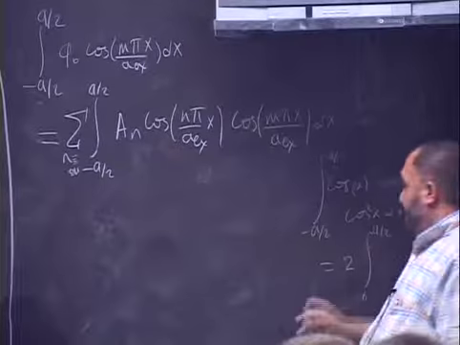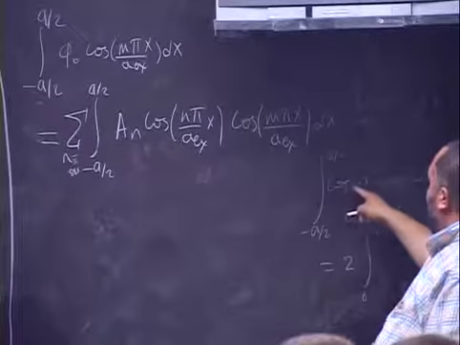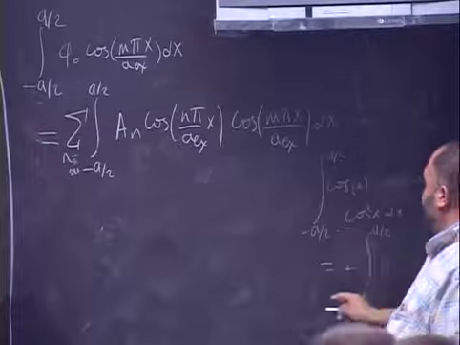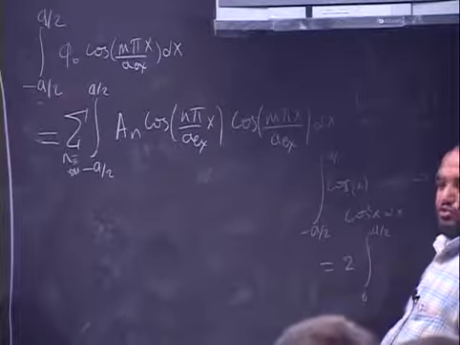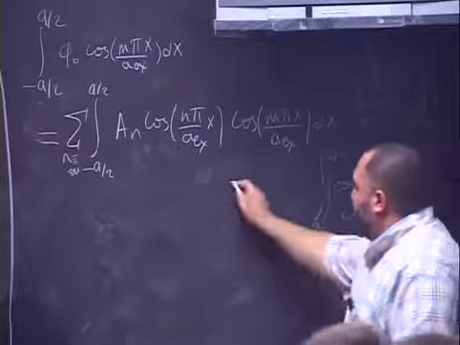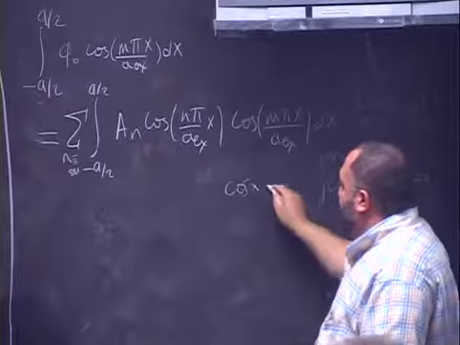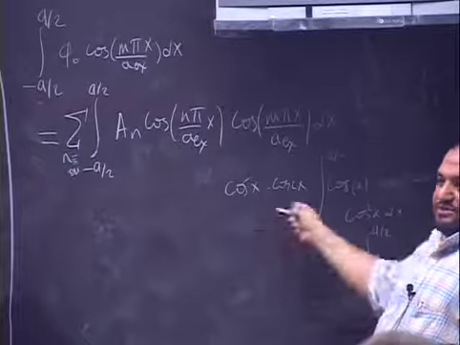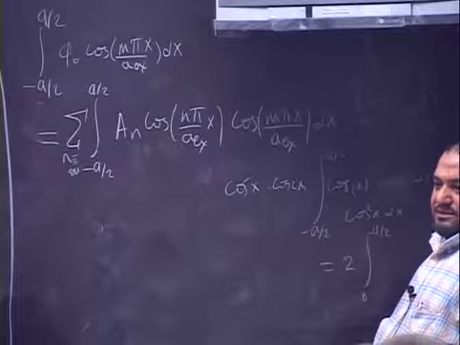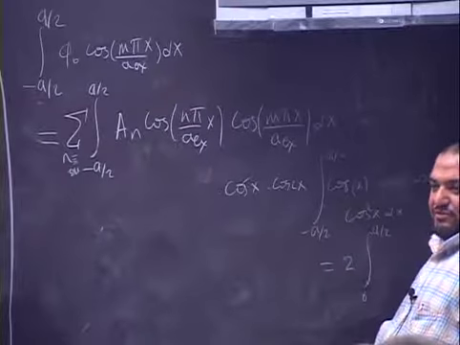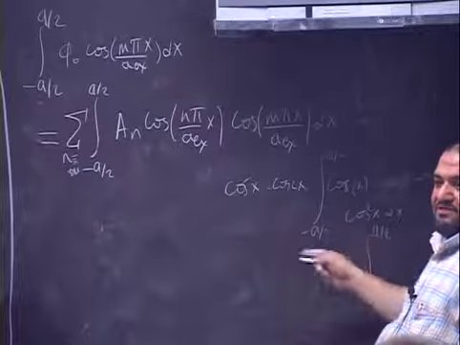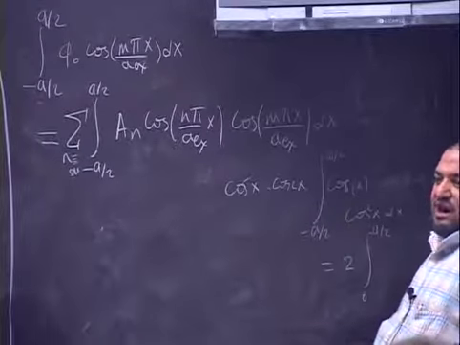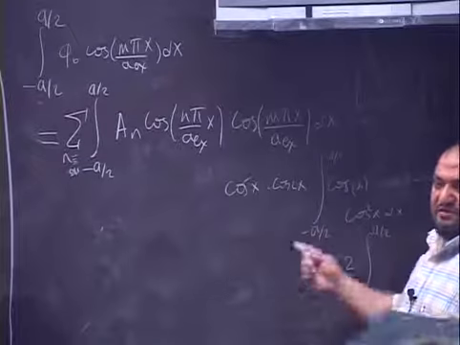Now, when n is not equal to m, let's assume that n is equal to 1 and m is equal to 2. So I will have what? Cosine x multiplied by cosine 2x. Now you will notice that this is not an even function, it is an odd function.